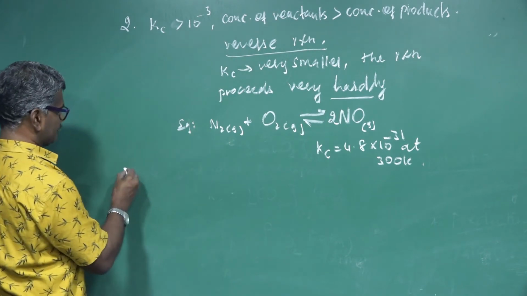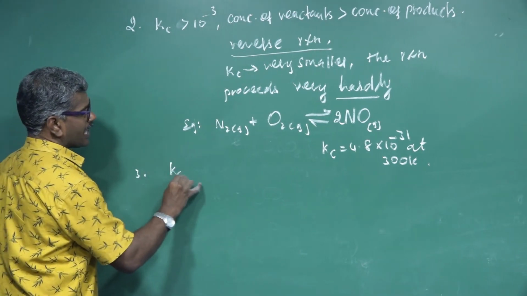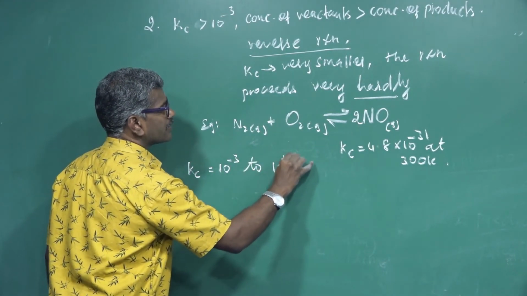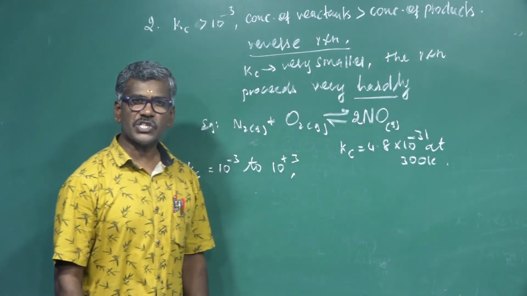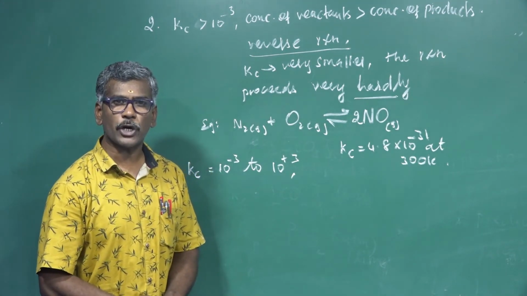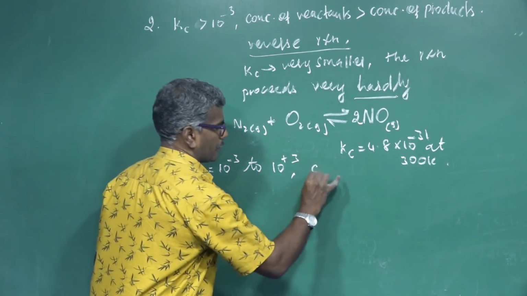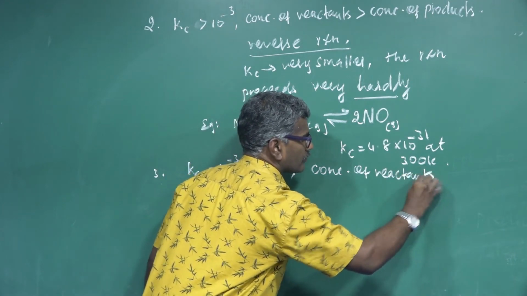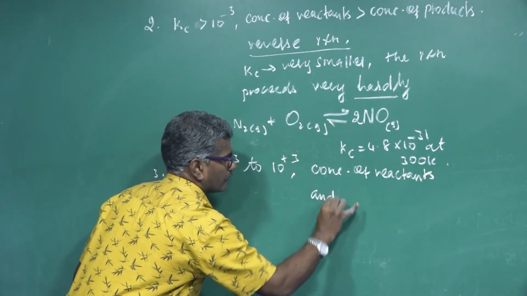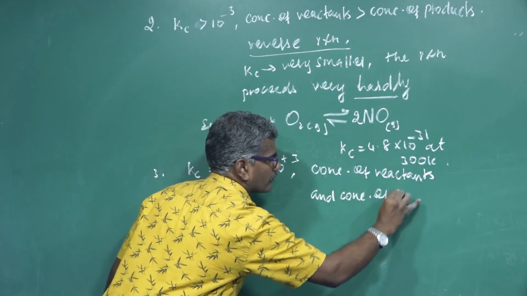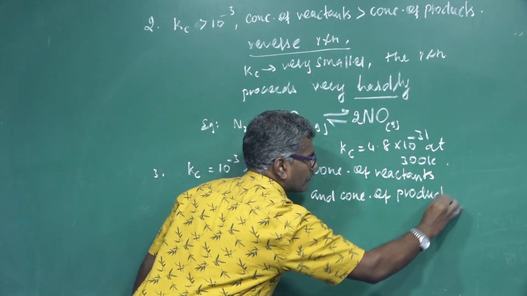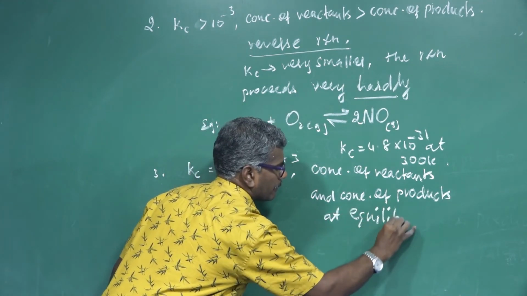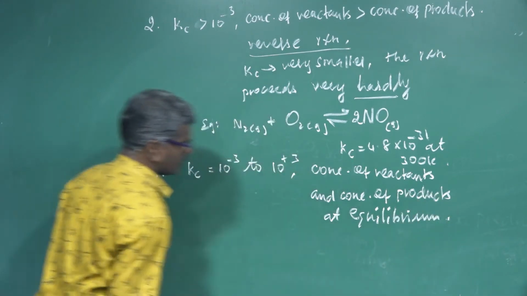Another, point number 3: Kc is between 10 power minus 3 and 10 power plus 3. Here the concentration of the reactant and the concentration of the product are both present at equilibrium.